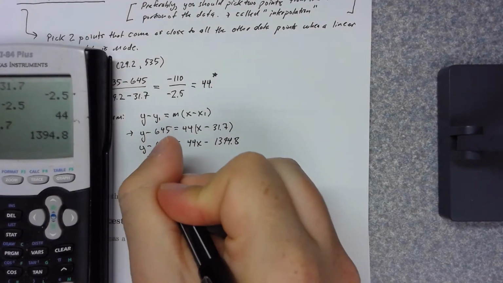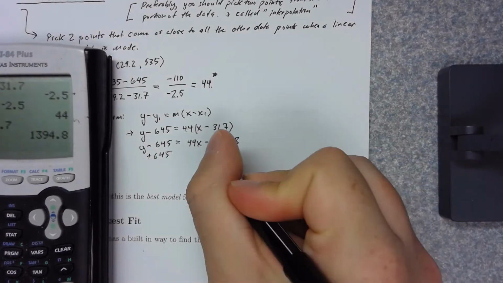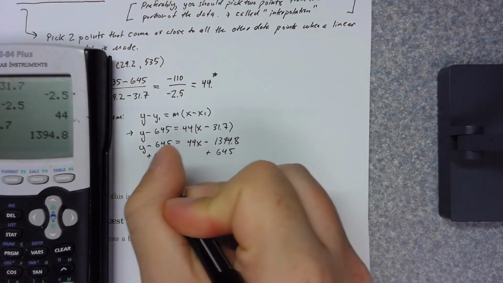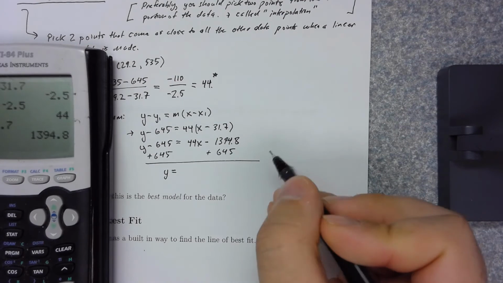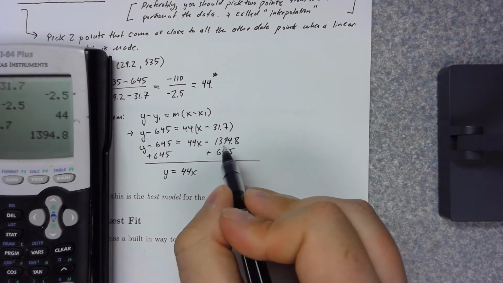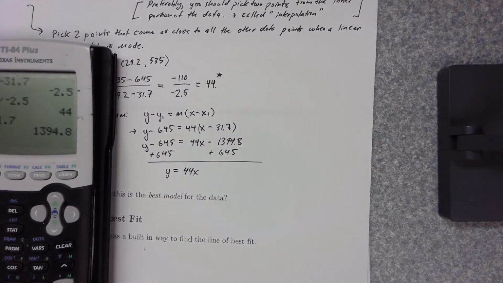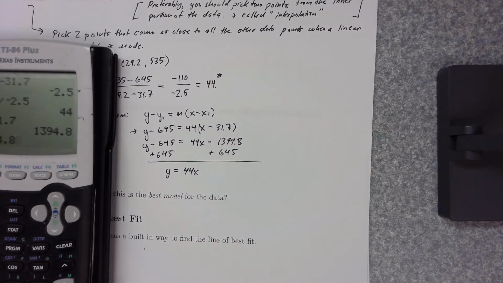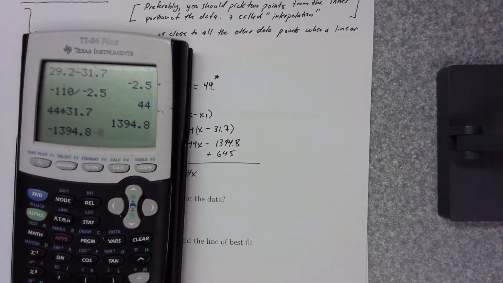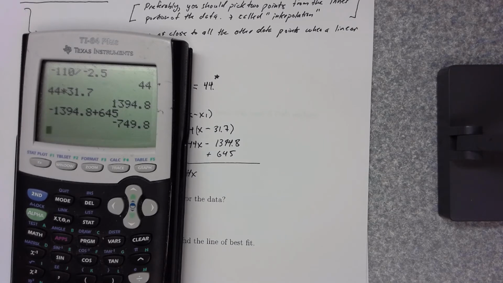Add 645. So y equals 44x minus 1,394.8 plus 645, which gives me negative 749.8.